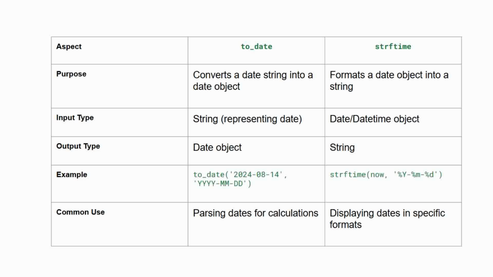You have to understand when to use toDate and when to use strftime, because toDate is used for parsing your date. For example, say you get a date in the format of month, day and year, followed by time, and you want that format changed to the default year, month, and day.